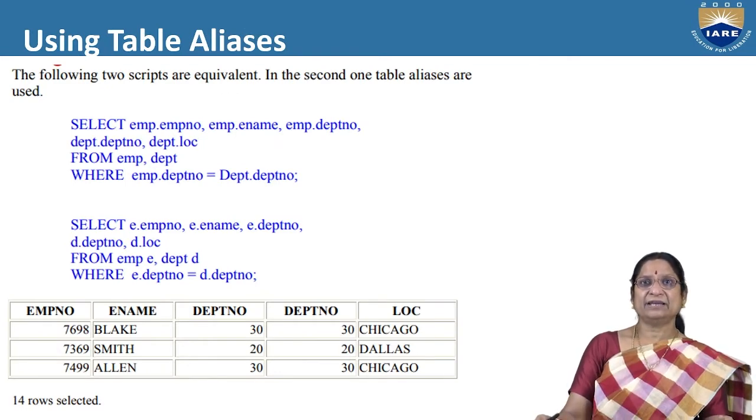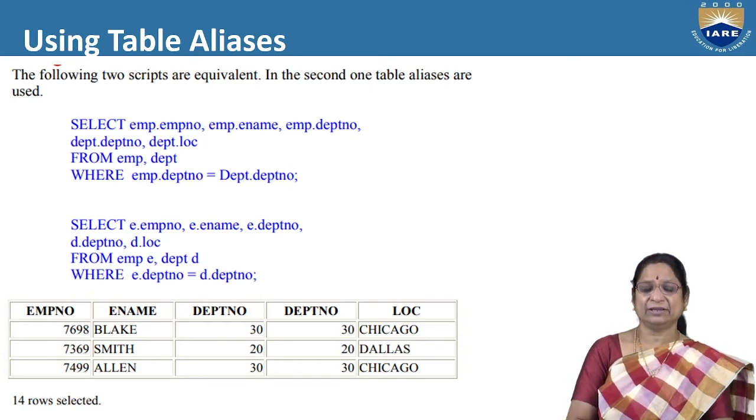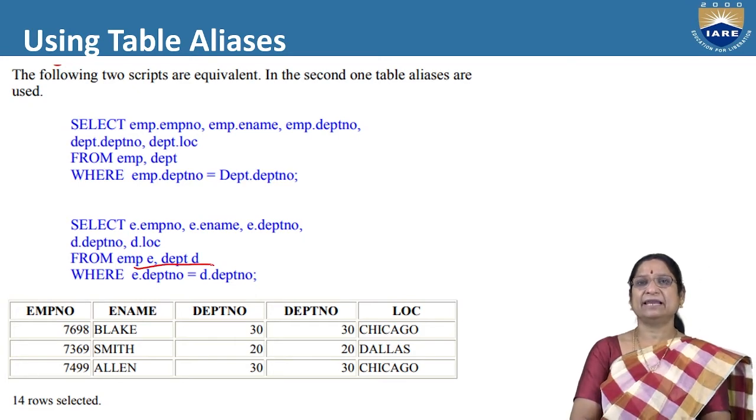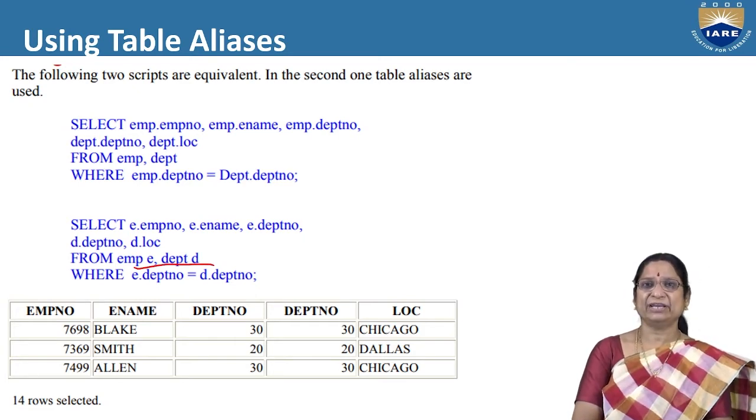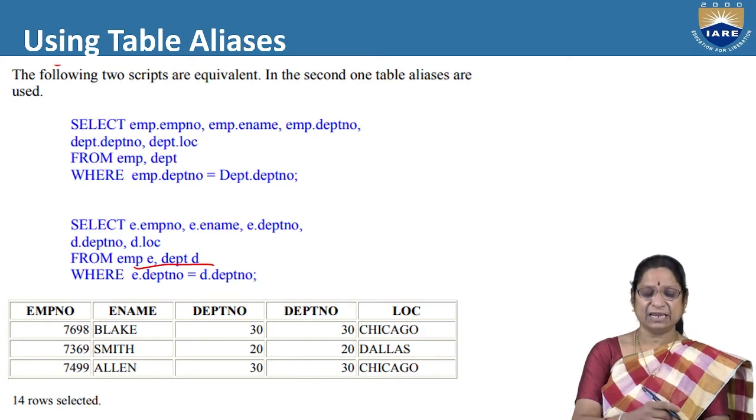Similarly, as I explained earlier, instead of using the table names directly, we can use small names or alias names, provided wherever the table name is used first, that is in the FROM clause. Table name, a space, and then the alias name can be given. So we can use renaming, that's all.